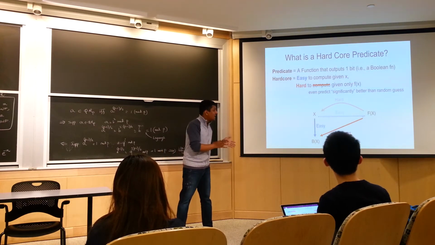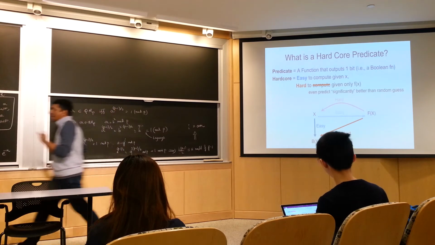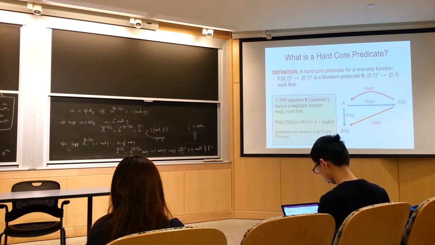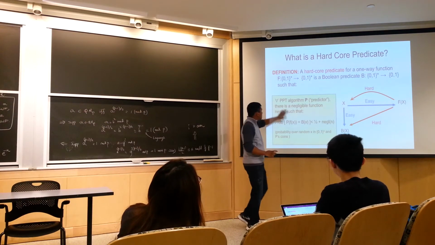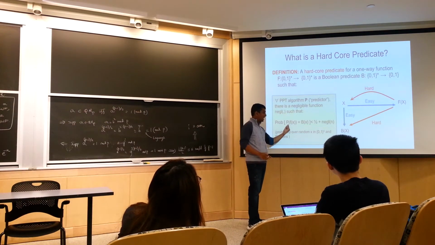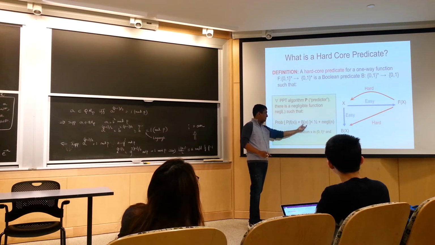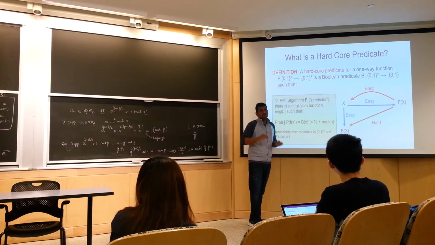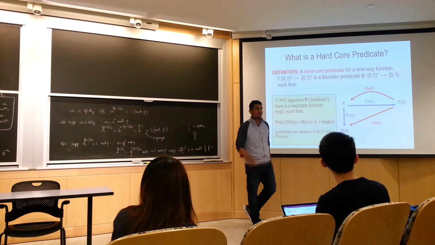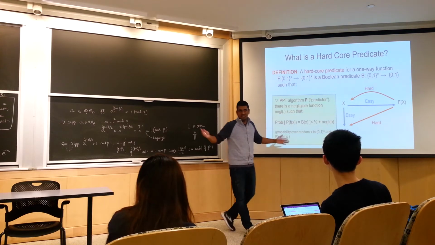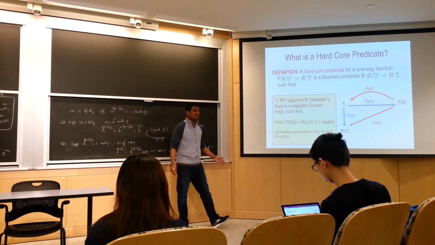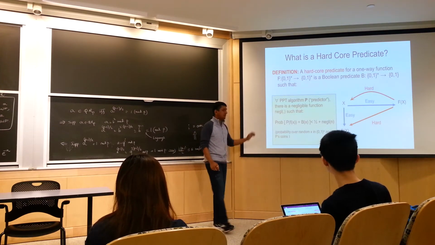Another way to say it, this is the definition: for every polynomial time adversary P, there is a negligible function such that the probability that the adversary, given f(x), predicts b(x) is at most half plus negligible. The advantage over half that he gets is tiny, it's negligible.